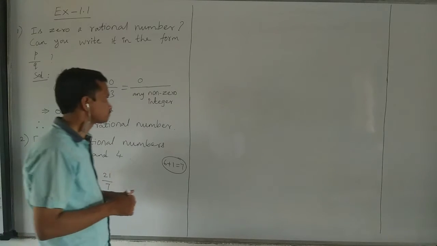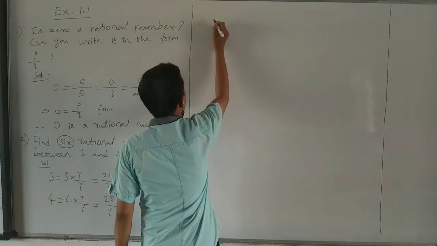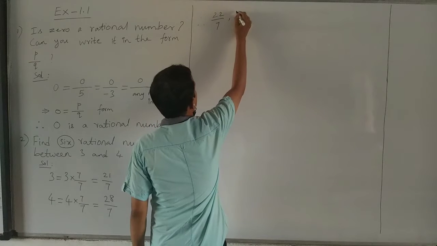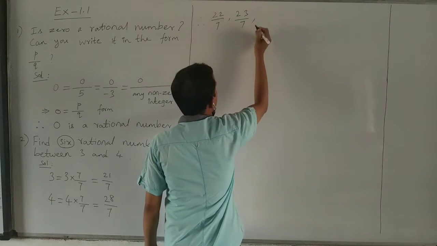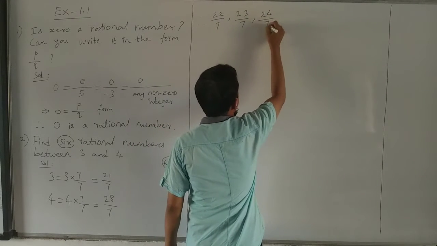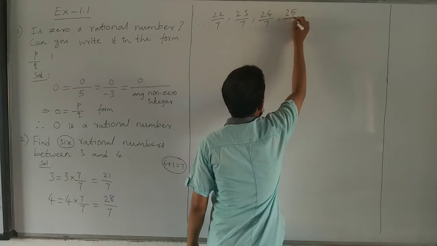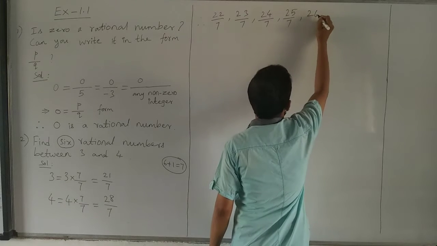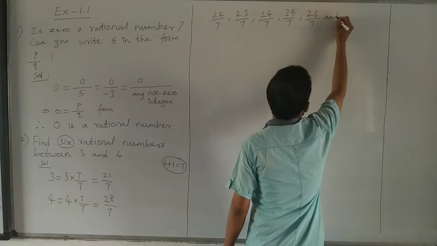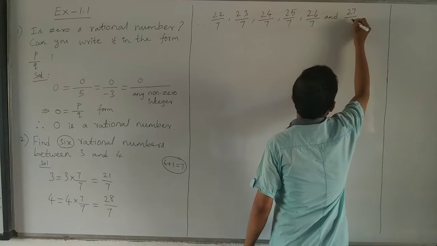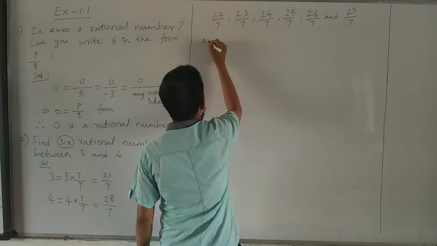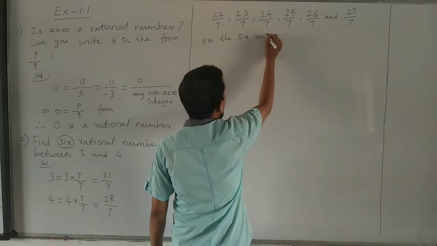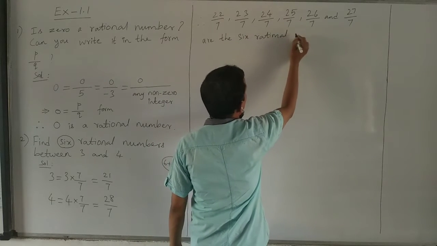What are they? Therefore, 22 by 7, 23 by 7, 24 by 7, 25 by 7, 26 by 7 and 27 by 7 are the 6 rational numbers.